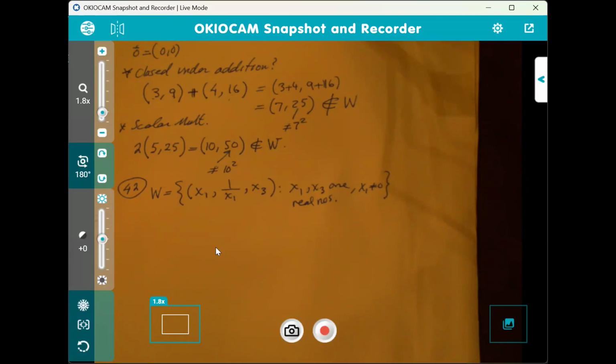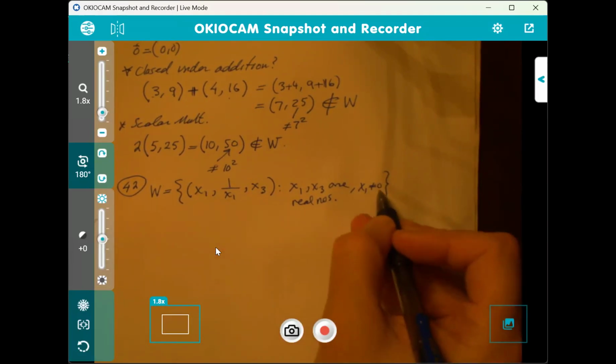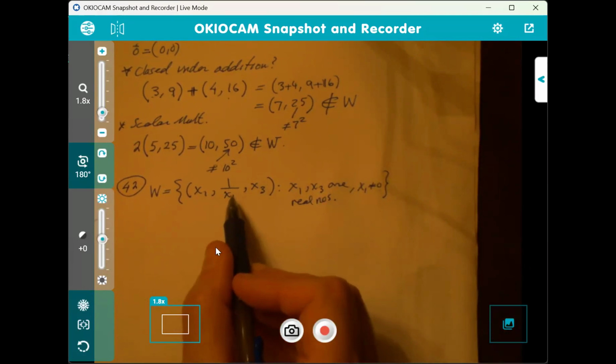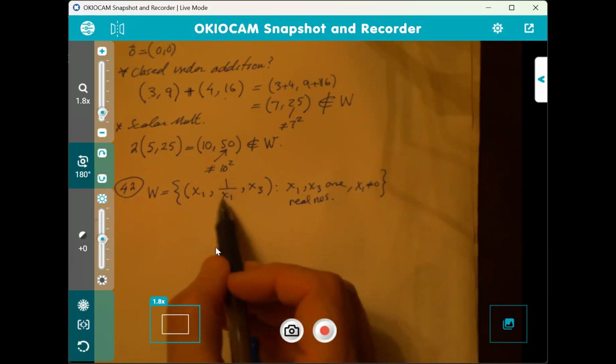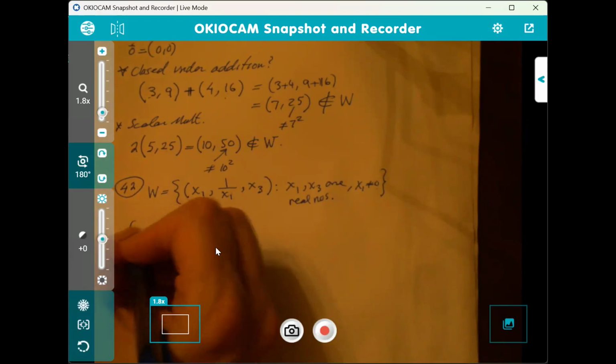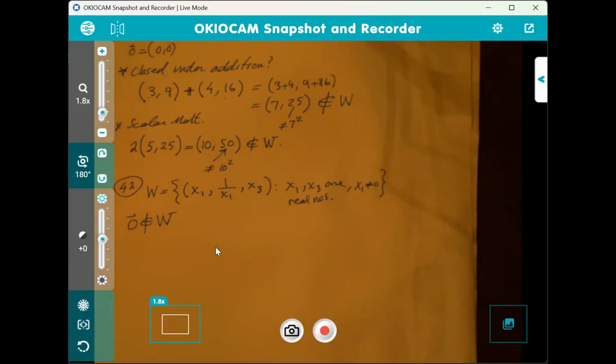Let's see if 0 is there first of all. Will 0 be in there? x1 cannot be 0, right? If this cannot be 0, there's no way this will be 0, agreed? So 0 is not in W. Are we okay on that one?